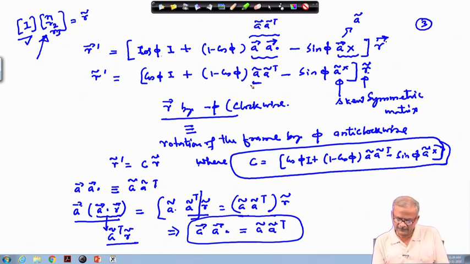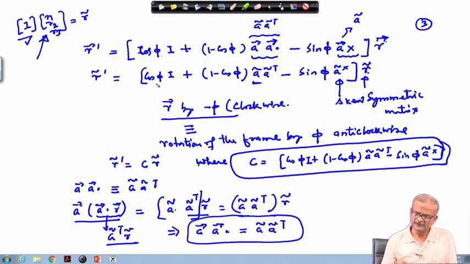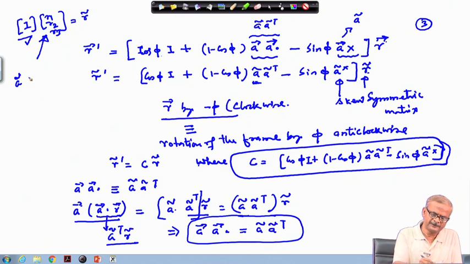This is basically part of Euler's theorem itself, but what we are going to do is go into the Euler parameters now. We will convert this so that it indicates the Euler parameters rather than the a vector, which is 3 dimensional, a1, a2, a3.